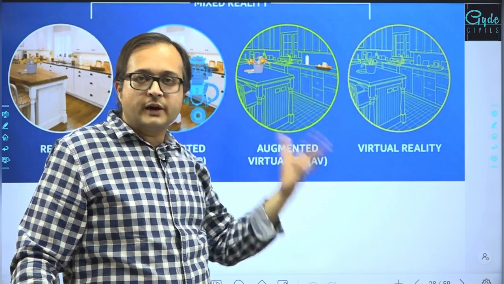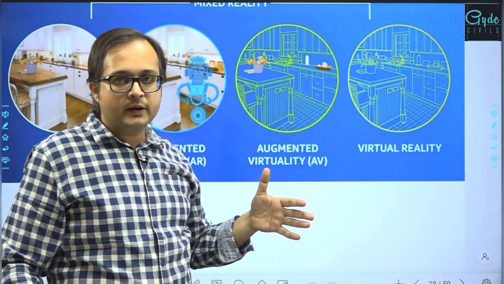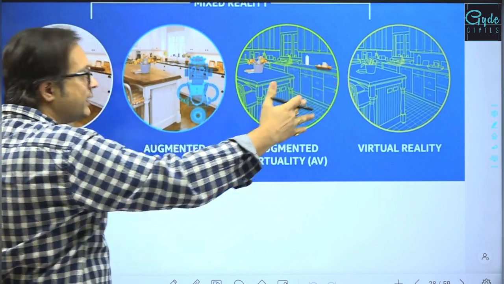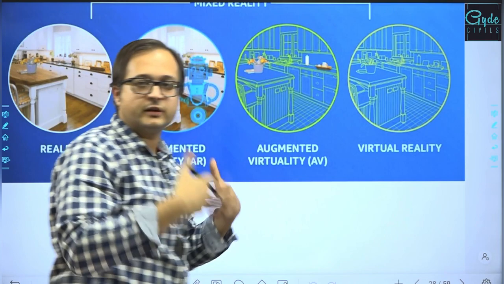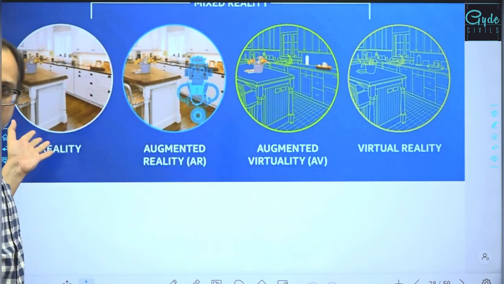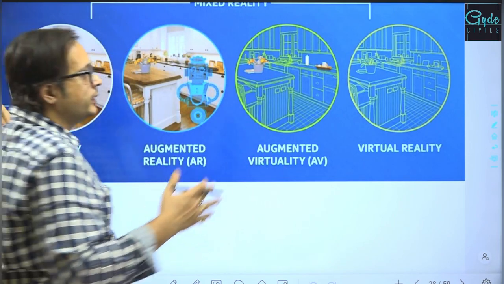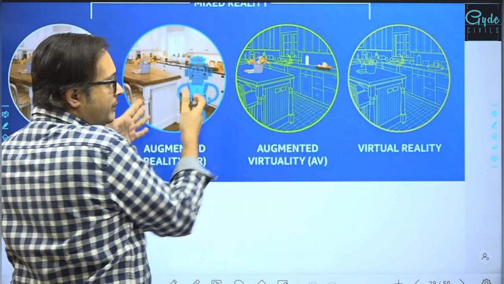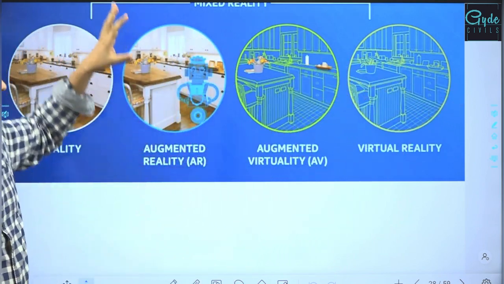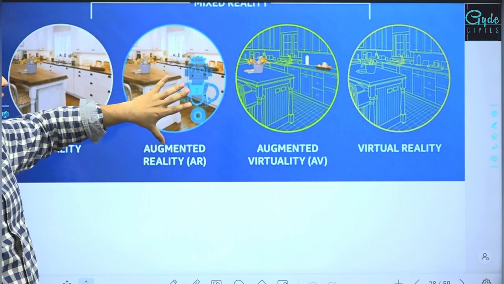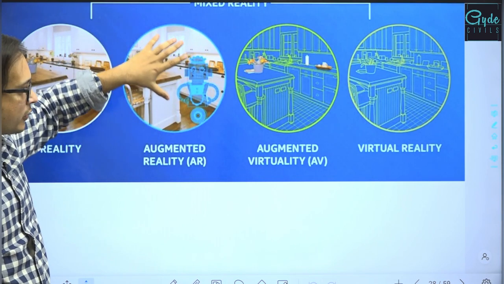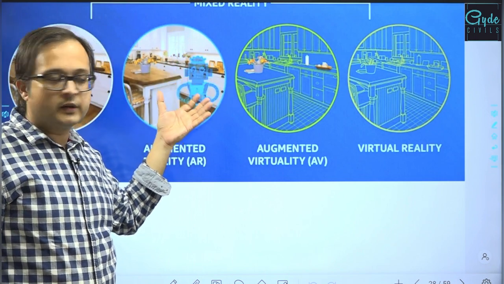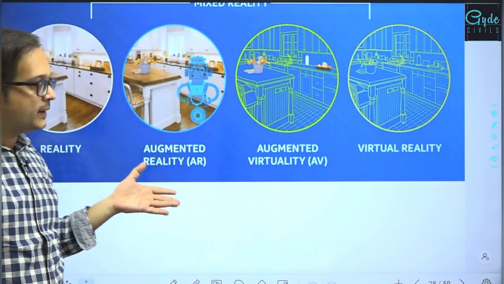There are more related concepts to virtual reality. Reality and virtual reality are two different things. This is reality, this is virtuality. Everything is in the computer. Everything is physical over here. Now, when reality and virtuality start getting mixed up in such a way that the virtual things are also projected in the physical surroundings, then it becomes augmented reality.